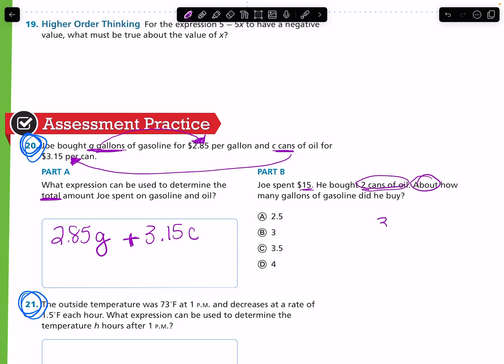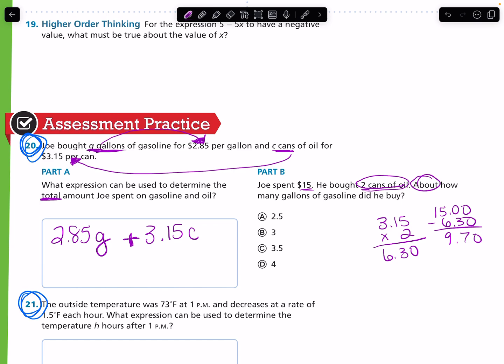Well, oil is about $3.15 times 2. So he spent $6.30 on oil. So how much money does he have left? $15 minus $6.30, $9.70.